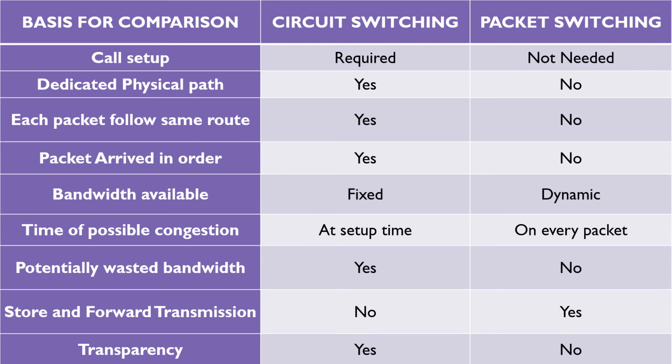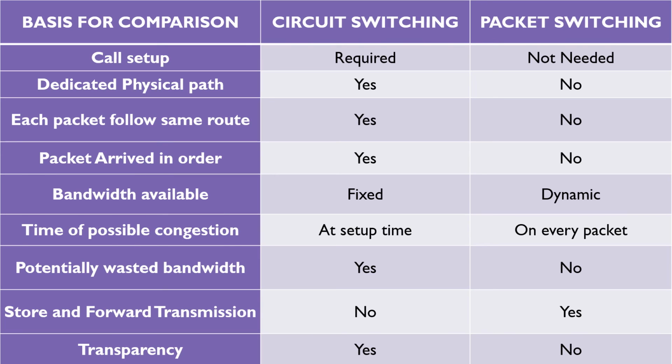In circuit switching, the path is fixed, hence available bandwidth is also fixed, whereas in packet switching, it is dynamic or changes for every path. Time of possible congestion in circuit switching is only at setup time, but for packet switching, congestion on every packet is possible.